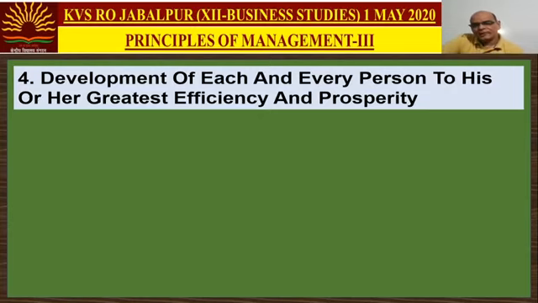Dear students, we must try to explore the resources of organization in the best possible manner, in the appropriate manner. Then only our organization will be achieving efficiency as well as effectiveness. I know that in private organizations, the industries, they are running 3 shifts.